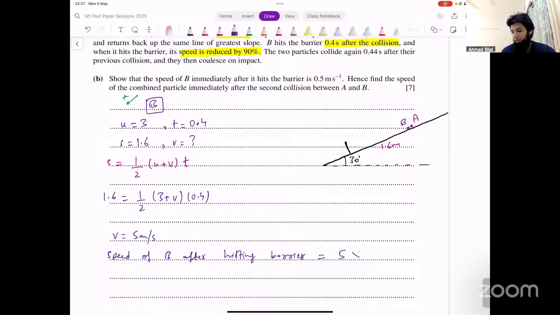Five into 10% of that. You can say 10 over 100 or 0.1. That will be 0.5 meters per second. This is the speed of B just after hitting the barrier.